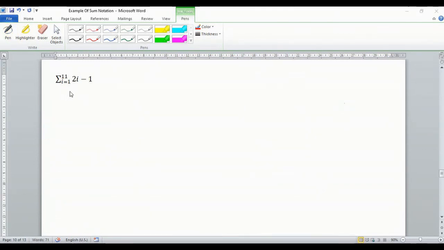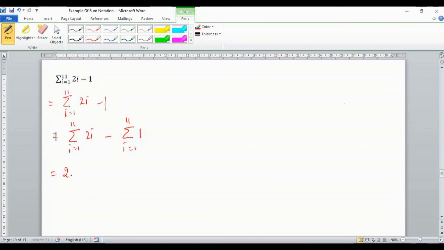Calculate this sum notation. Here we use the important formulas, but you need to use the properties too. The sum from e equals 1 to 11 of 2e minus 1 is equal to the sum from e equals 1 to 11 of 2e minus the sum from e equals 1 to 11 of 1.